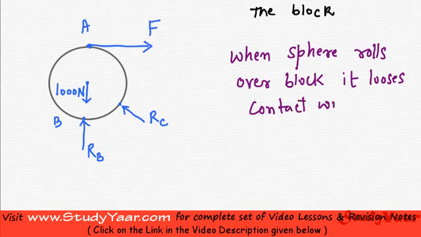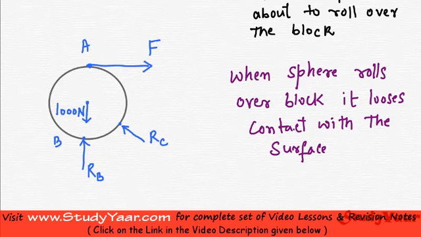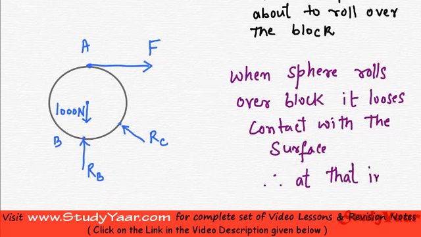Now since it has lost contact with the surface, it has just lifted off the ground, your reaction due to the surface becomes 0. Therefore at that instant my RB vector, the reaction due to the surface, is going to be 0.